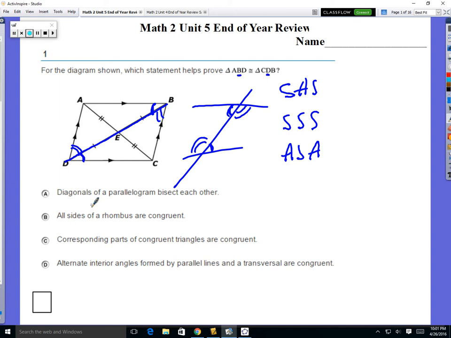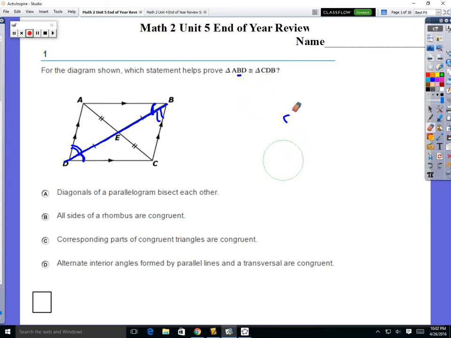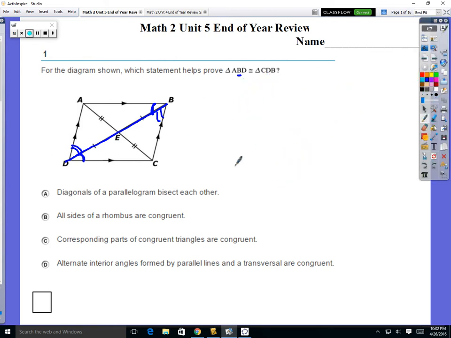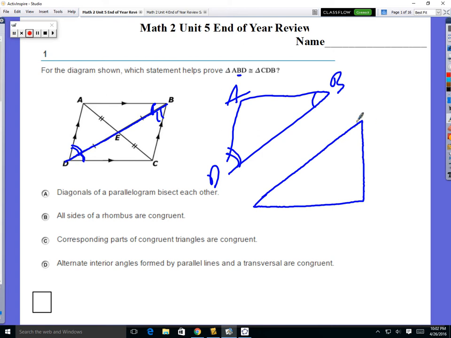So here's what we've got. I'm going to break these apart. So we got 2 triangles. We have A, B, D, and let's see, B has 1 mark and D has 2 marks, and now this guy right here, we'll call that B, C, D. This has 2 marks and this has 1 mark.